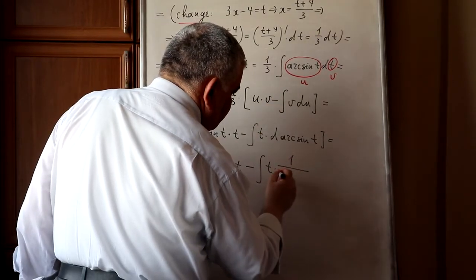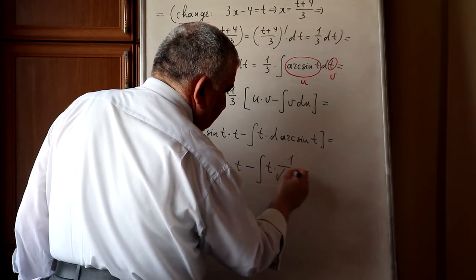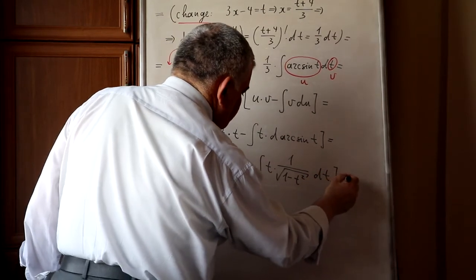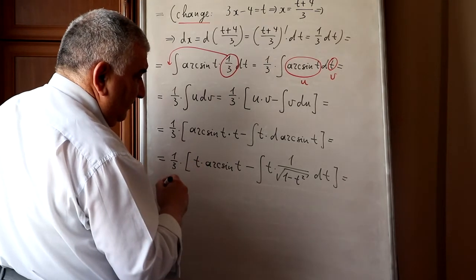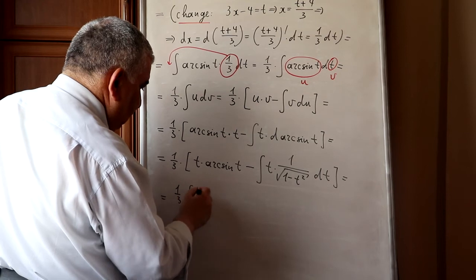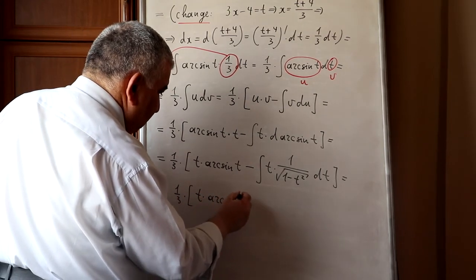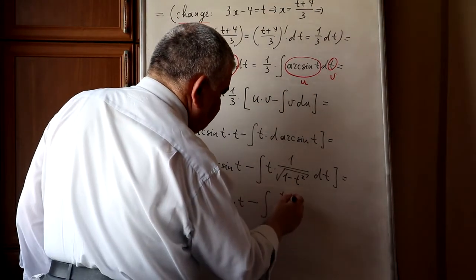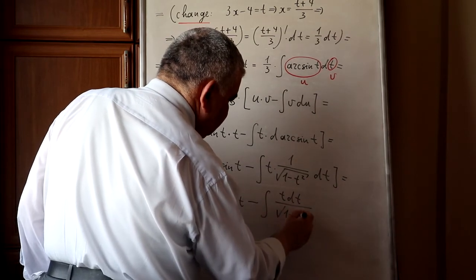Rewrite: 1/3 multiplied by t multiplied by arcsine t minus the integral of t dt over the square root of 1 minus t squared.